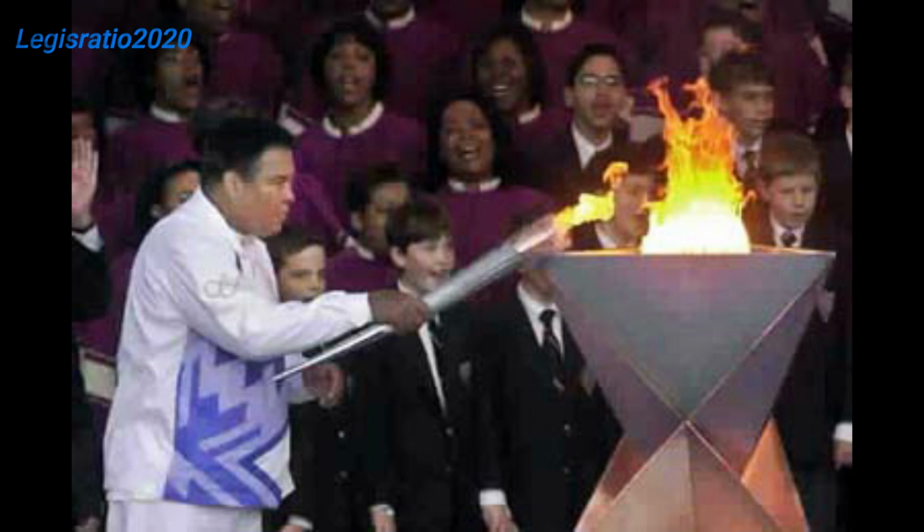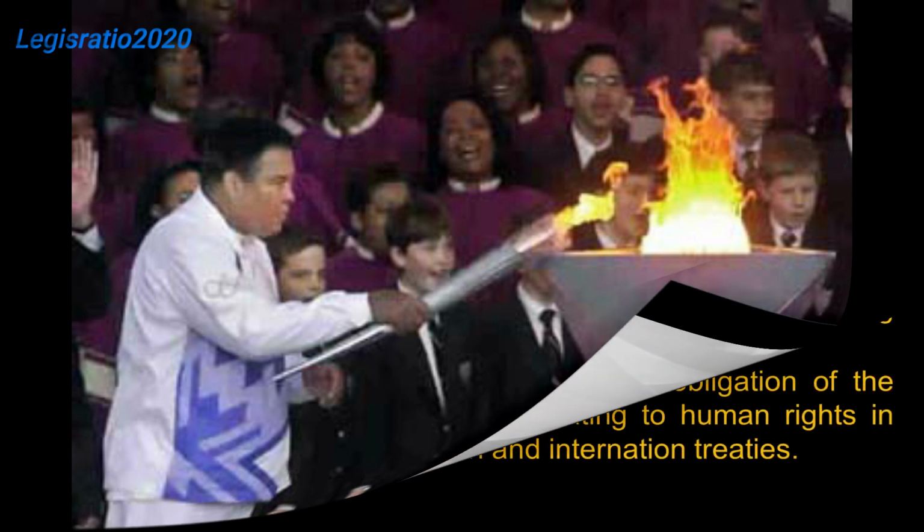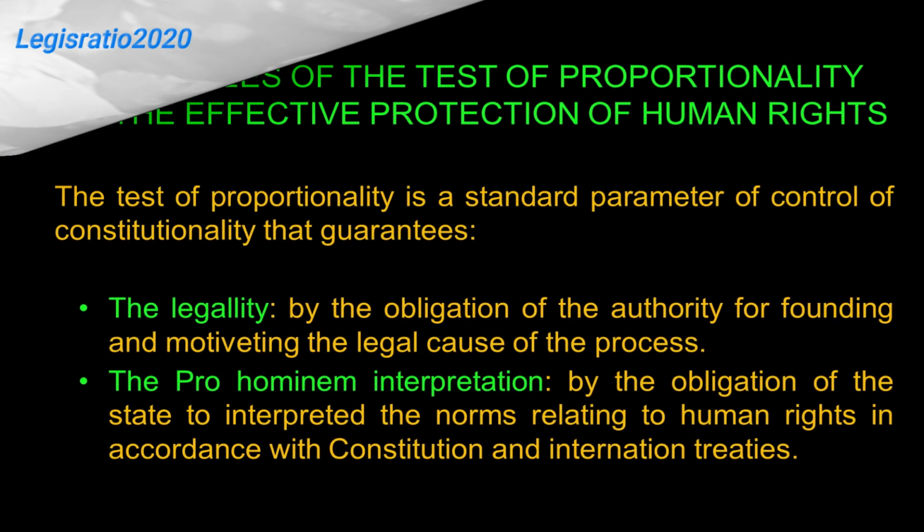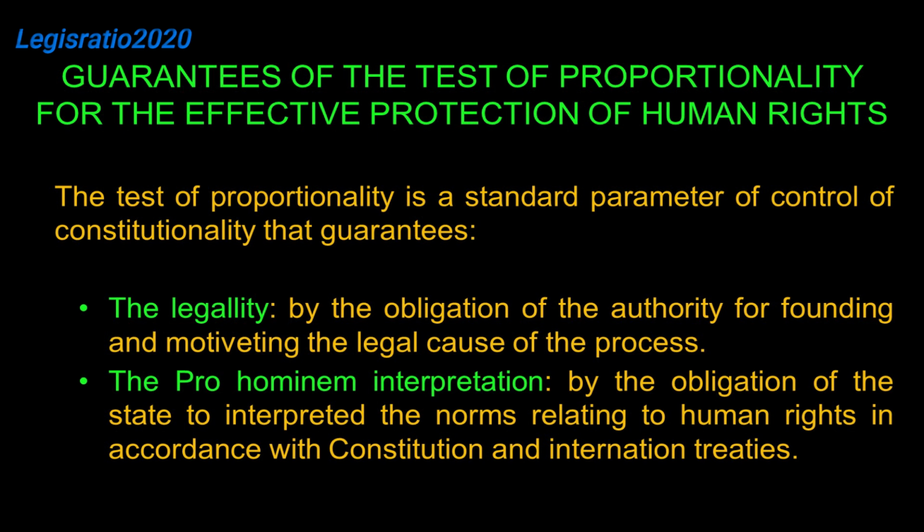When a measure involving fundamental rights fails the test of proportionality, the guarantee of motivation established in Article 16 of the Constitution of Mexico and the mandate of implementation of human rights set forth in Article 1 are the standard for a parameter of control of constitutionality.